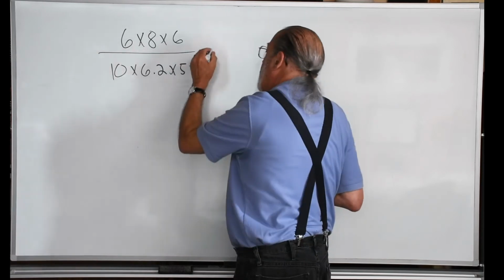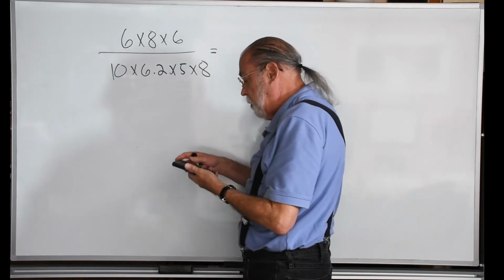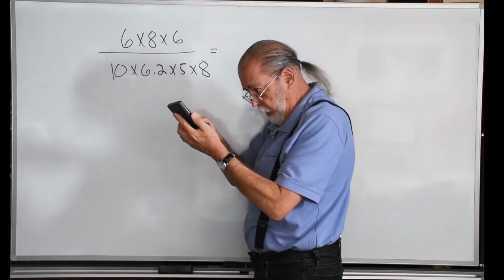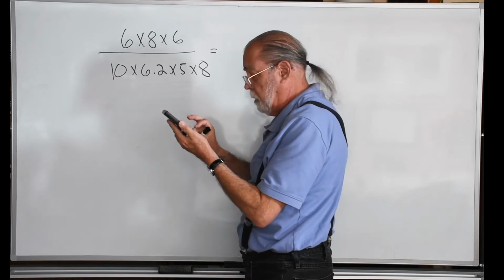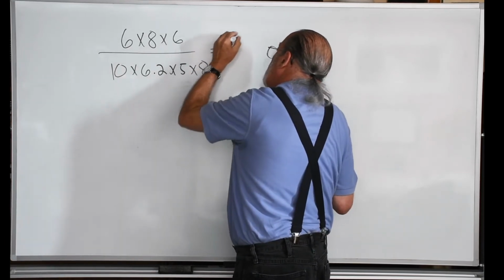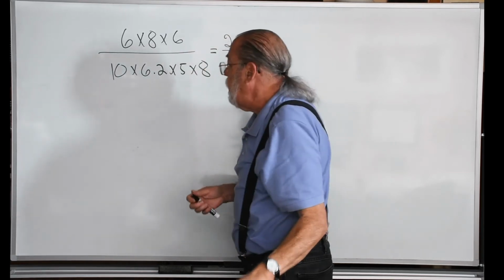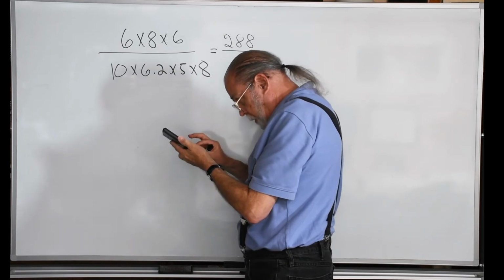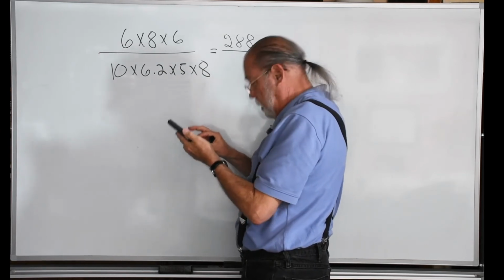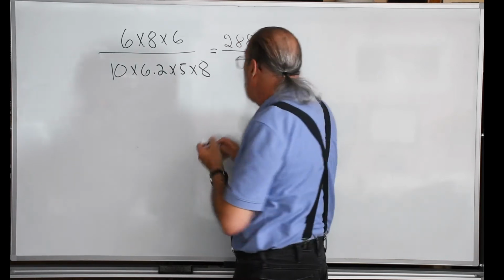One way to do this is to multiply the top: 6 times 8 times 6 equals, I got 288. And then I multiply the bottom: 10 times 6.2 times 5 times 8, and I got 2480.